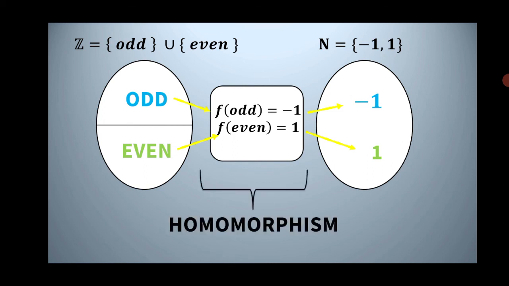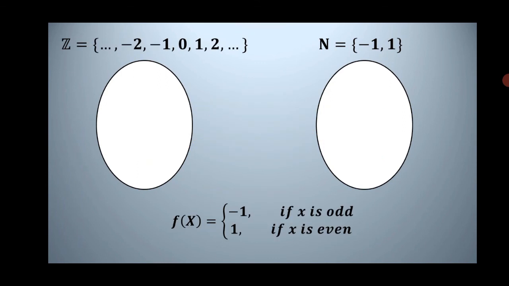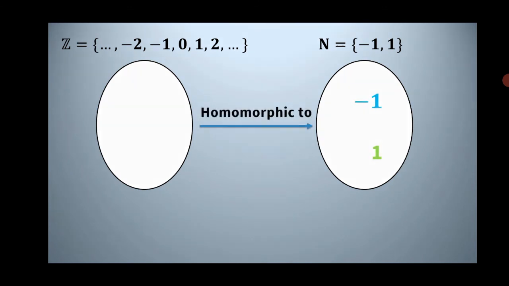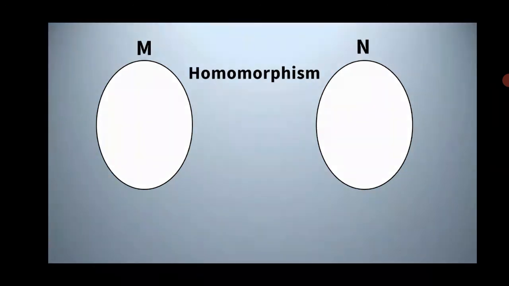Such a function that makes two completely different groups look similar to each other is called a homomorphism. The existence of such a homomorphism between these two groups guarantees that these two groups are similar, and that the group of integers is homomorphic to the group containing only -1 and +1.